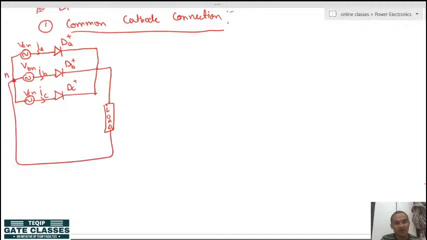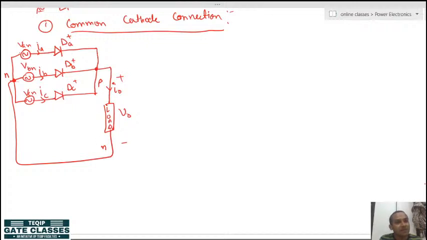If this is my reference output voltage and this is my reference output current, you can see that the output load is taken between any phase and neutral. So here you can also write it as PN, phase to neutral, you are getting the output.